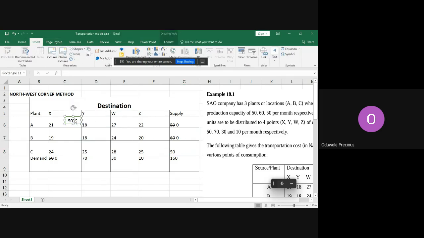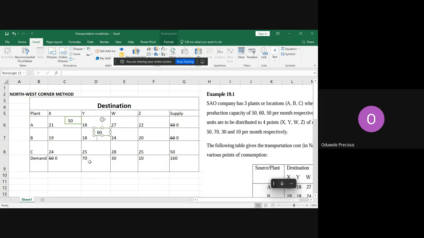Let me just copy and paste to this place, right? Yes, it should be on this side. And we'll cancel the 50 to 60.